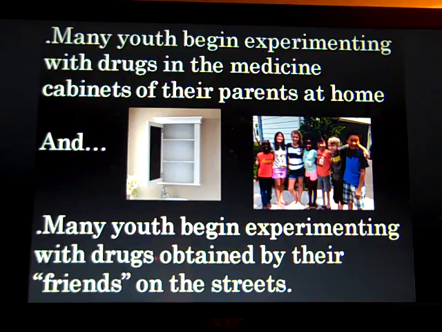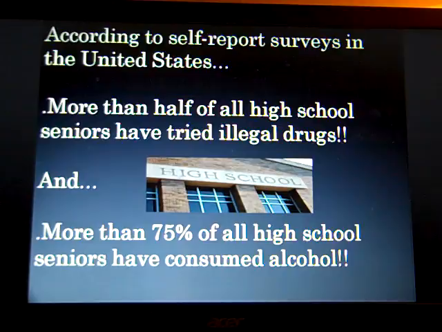It's so easy for kids to get an education or maybe a miseducation on drugs, and it becomes also a matter of peer pressure to some extent and curiosity. They start experimenting, and then they move to getting drugs from their friends on the streets. Again, maybe obtained from their parents' cabinets or drawers, and they start swapping and trading. And it happens at a very young age.